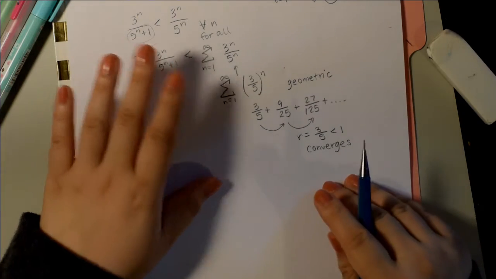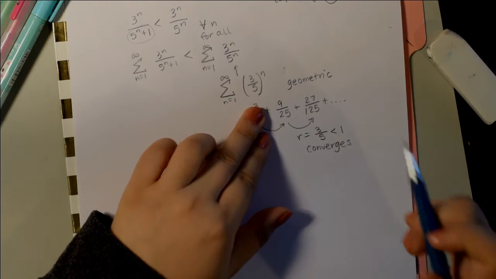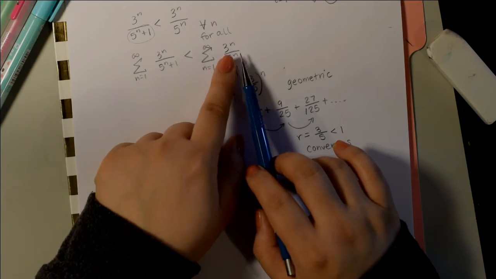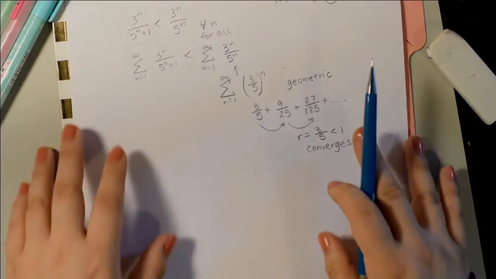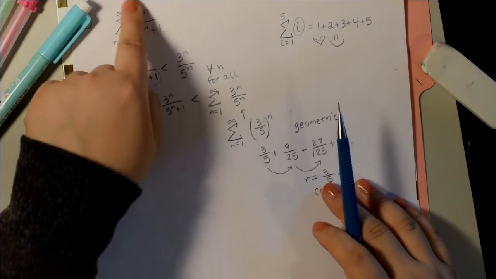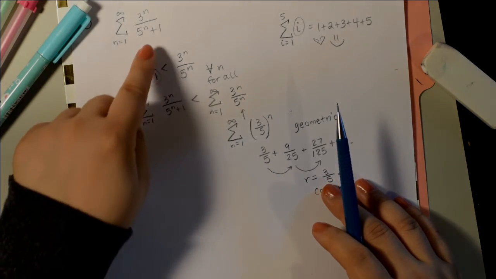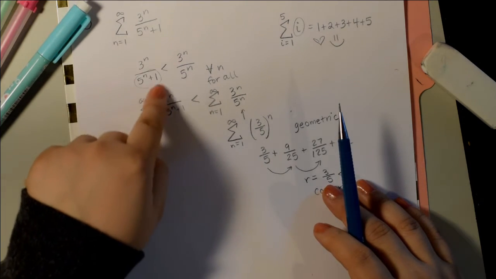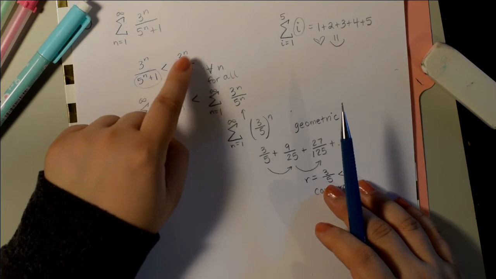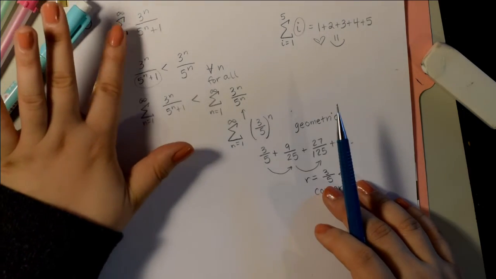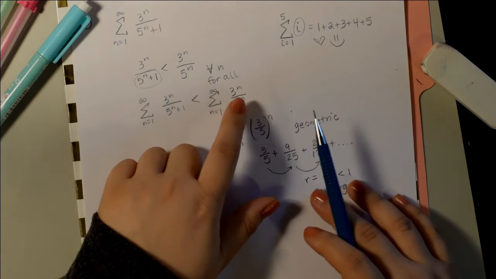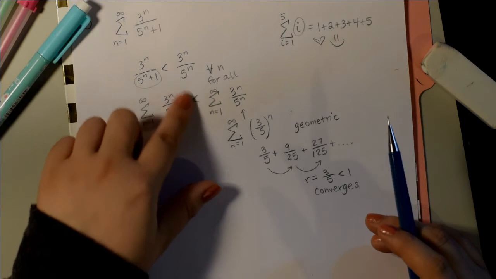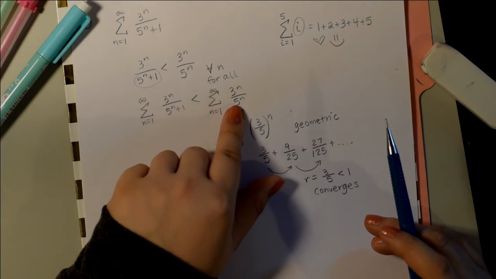And the reason is that this is my geometric series, which is equal to this thingy, but we compared our original problem with that, and we showed that each of our terms is less than 3 over 5 to the n for all n. So I can compare this with this, and since this converges, and we compared it in a way that this is always less than this one.